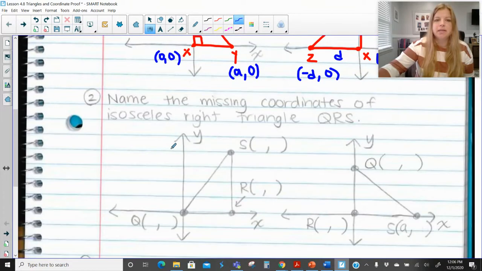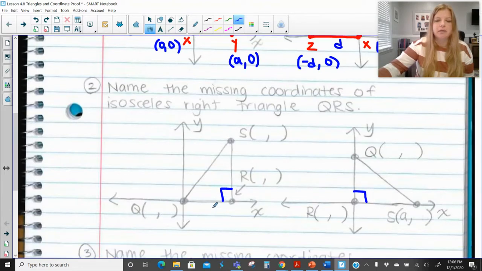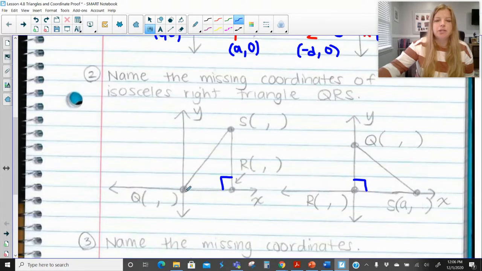Okay, let's take a look at this one. It says, name the missing coordinates of isosceles right triangle QRS. So here, if this is an isosceles right triangle, and this is also going to be an isosceles right triangle, it would mean that this QR is the same as RS. Okay, so Q here is clearly at (0, 0).